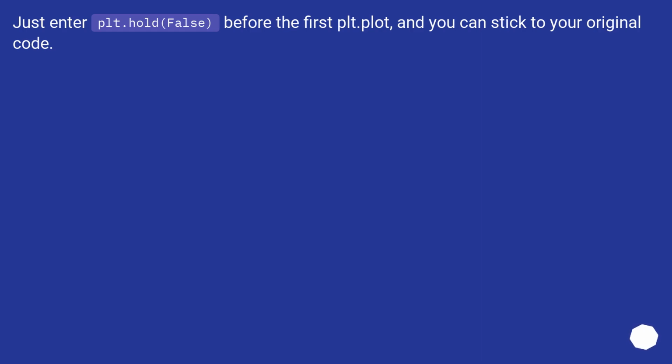Just enter plt.hold(False) before the first plt.plot, and you can stick to your original code.